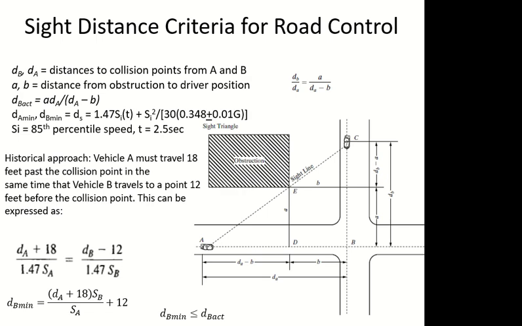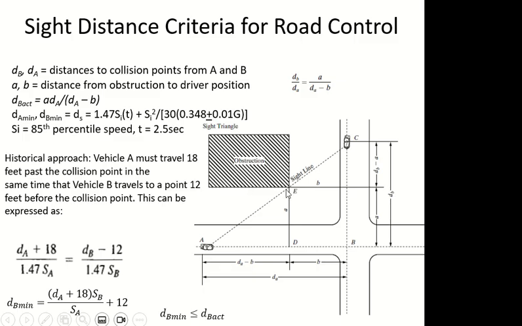So in this diagram you can see that there are two cars coming from two different roads, and they have an obstruction on the side of the road, and the obstruction limits the sight distance from which you can see the other car. So from here I can see this car when the obstruction is here.